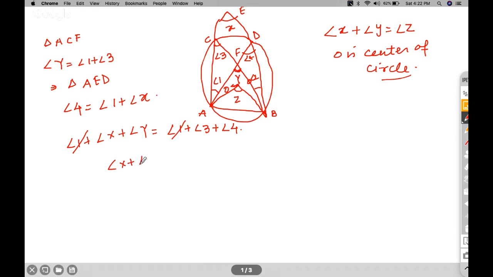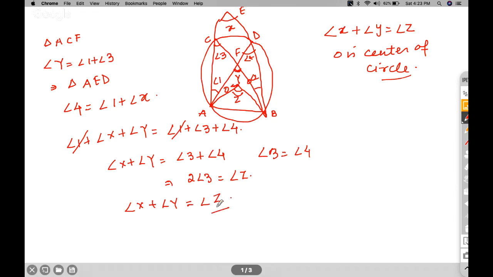Angle X plus angle Y is equal to angle 3 plus angle 4, and angle 3 and angle 4 are equal. So I write it 2 times angle 3, and 2 times angle 3 would be equal to angle Z. So I write that angle X plus angle Y is equal to angle Z.